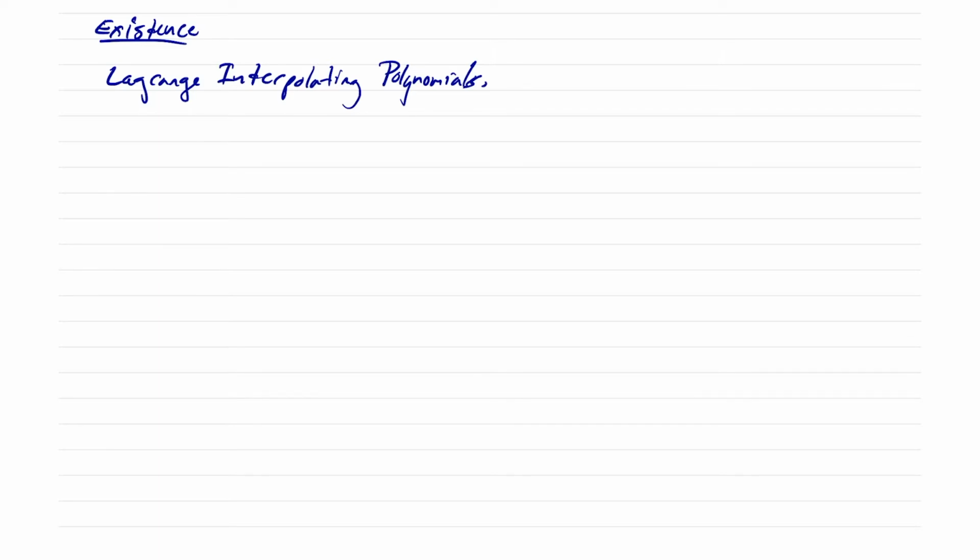Right. So given this collection of xi, yi, i going from 1 to n plus 1, we're going to write L sub i at x, and we're going to express it this way.